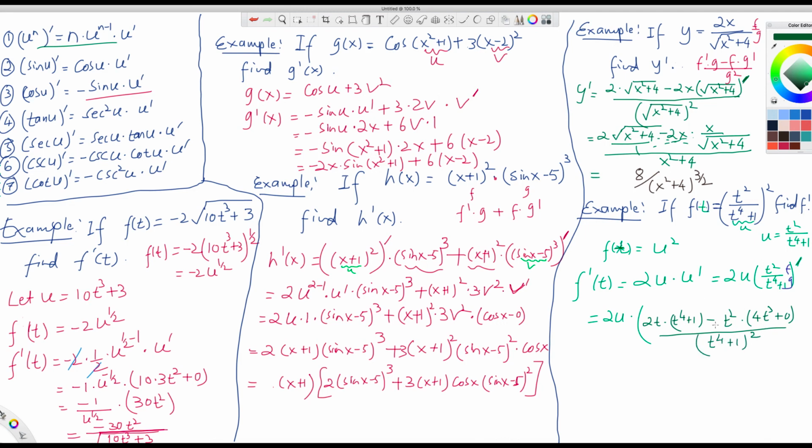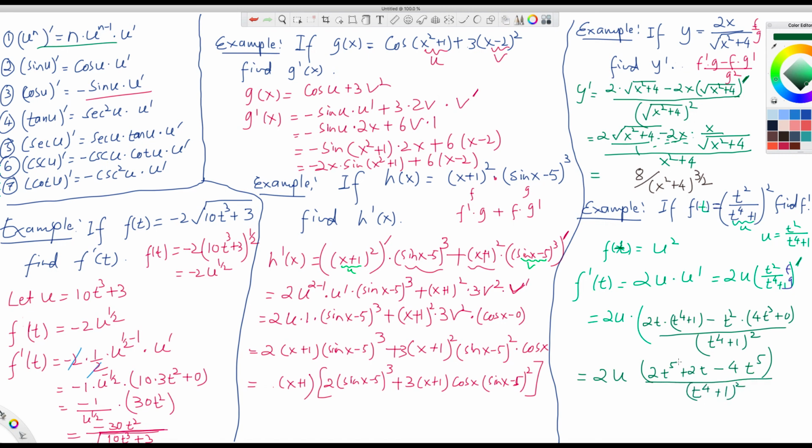You see that? Let us simplify that. You will get 2u times, how much is that? That is 2t to the 5 plus 2t, because 2t times t to the 4 is 2t to the 5 plus 2t times 1 is 2t, minus 4t to the 5, divided by t to the 4 plus 1 squared.